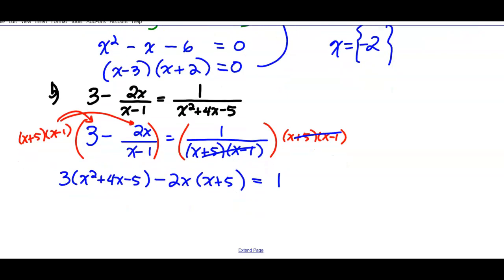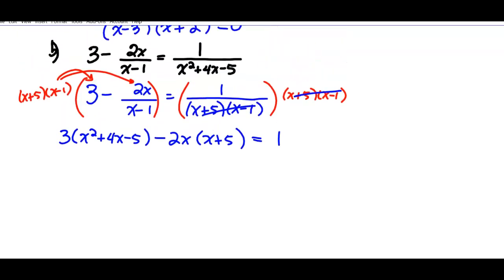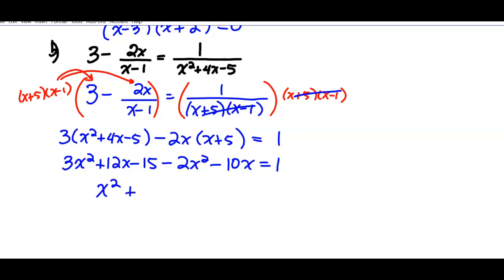Okay, now expand everything. Flip like terms, and get one side equal to 0. Can't factor it, use quadratic formula. Okay, looking at that right away, I know I can't factor it.